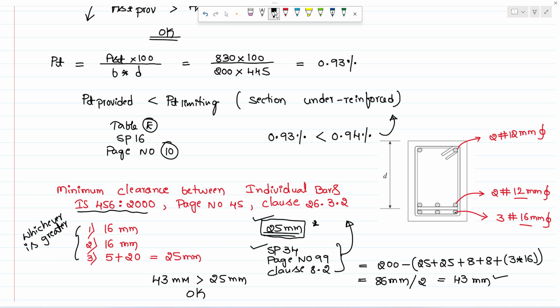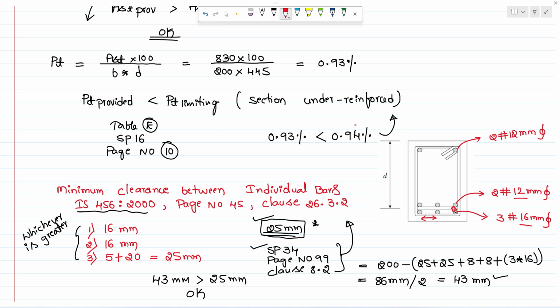So as you are using two layers of reinforcement, again you should check minimum vertical distance between bars. So vertical distance is this one in vertical direction. Initially you calculated the horizontal distance.